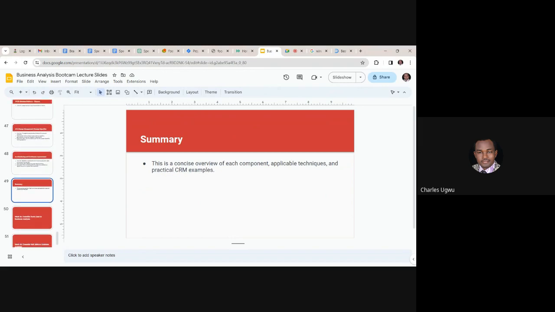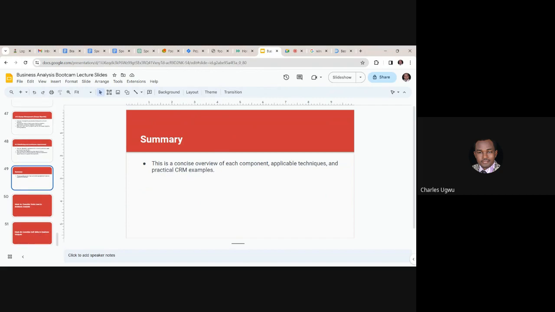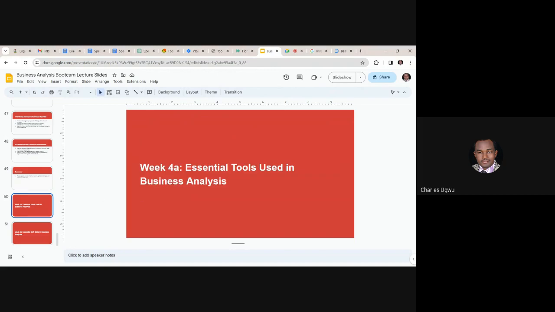But before we go into details, we need more high levels. We need to look at high levels of essential tools. Mind you, what we just did are techniques. Techniques are different from tools. All these things we've just gone through are components.